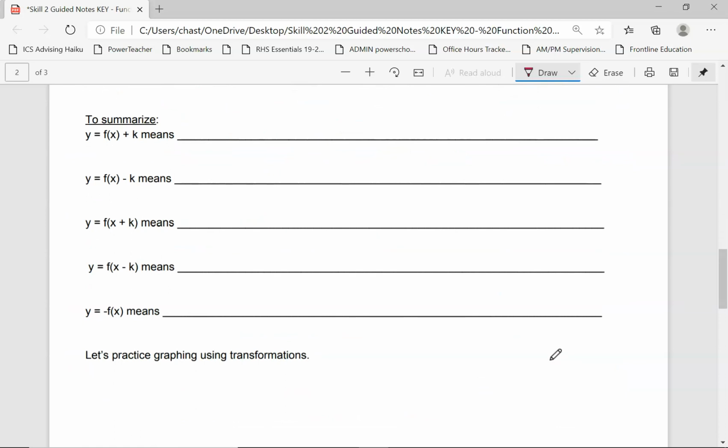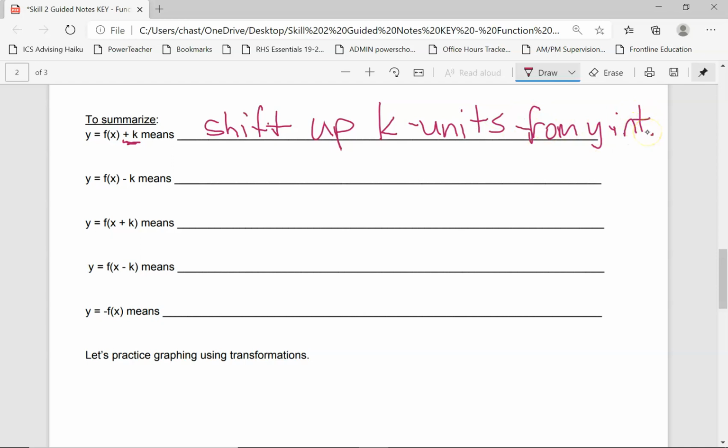All right, so let's summarize here. So to summarize, when we have a plus k at the end, remember that means we shift up k units from the y-intercept. So just be careful with that.